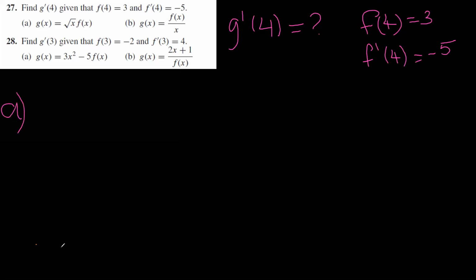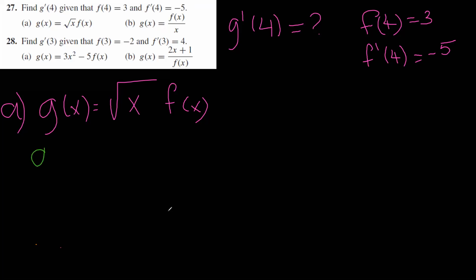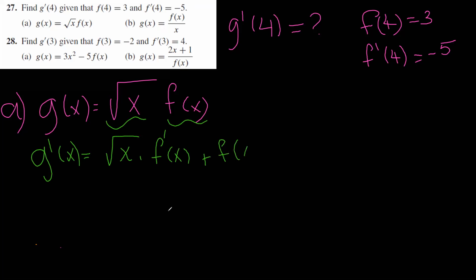Now let's do it. In part A, g of x is equal to square root of x times f of x. Because of that, g prime of x: here we have two functions that are multiplied. So, the first function times the derivative of the second function, plus the second function times the derivative of the first function.